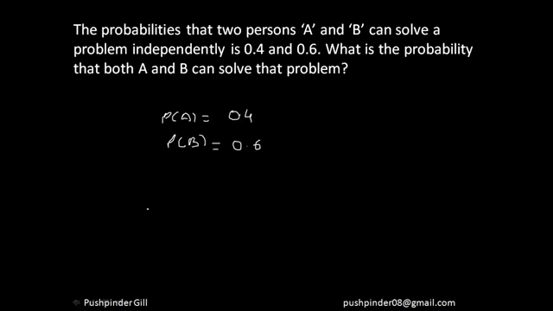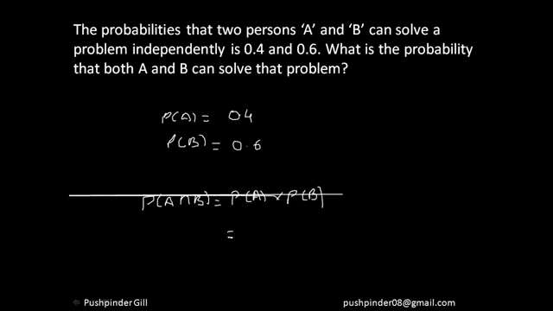Now I have to calculate that both the events happen together. That is nothing but the probability of A intersection B, which is equal to the probability of event A happening times the probability of event B happening.